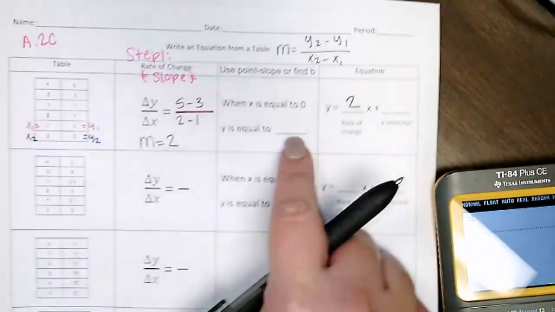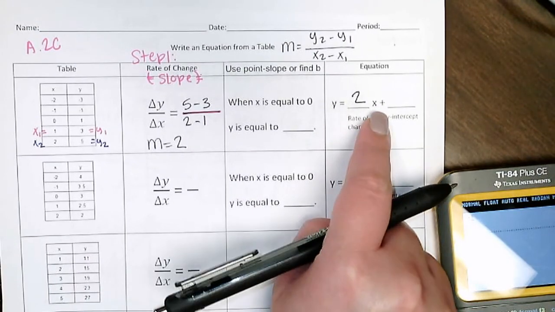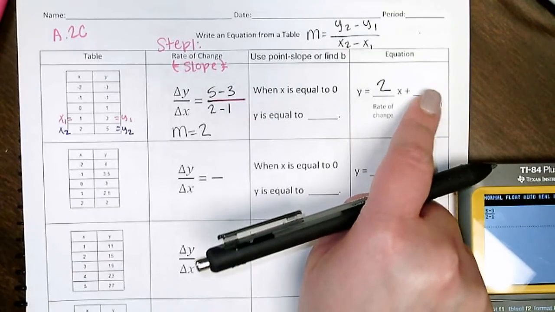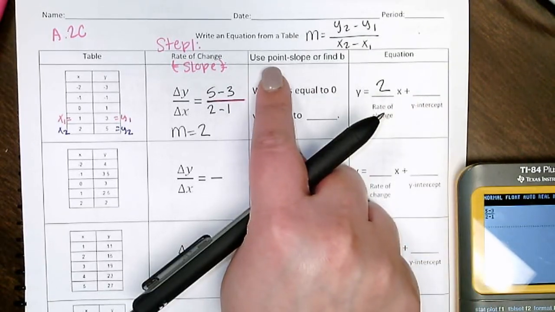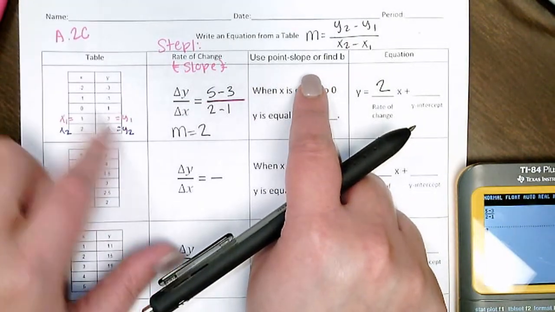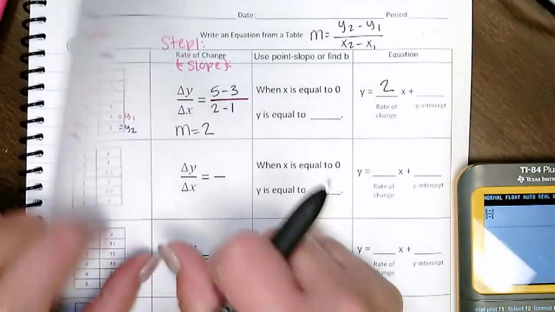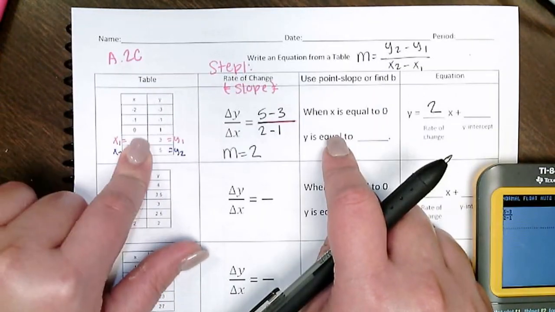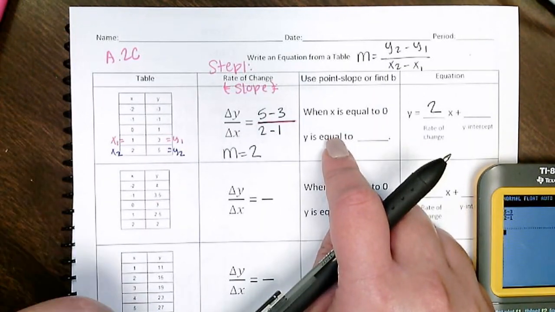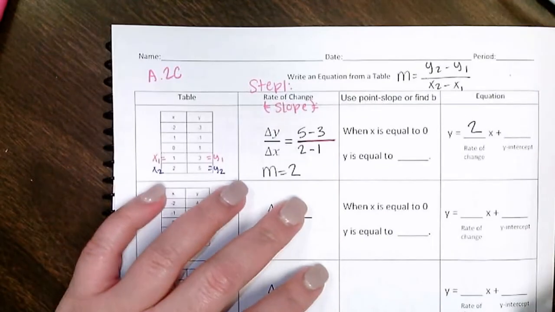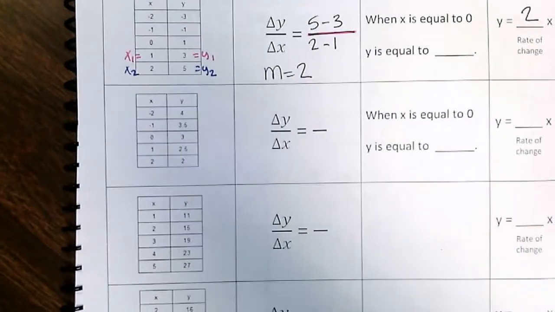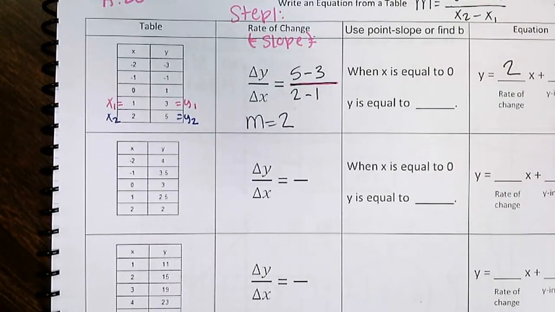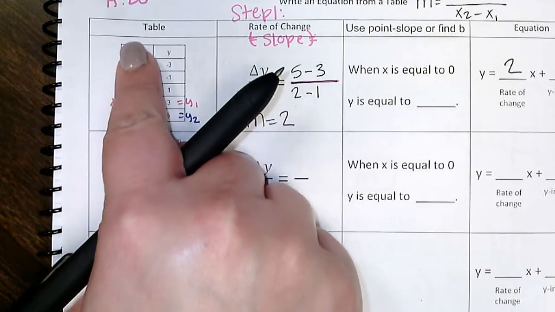So my equation is going to start off with y equals 2x plus something. To find that something, we need to see if we have our y-intercept in the table, or if we have to use point slope. In this case, for this table right here, we have our y-intercept. And I'll show you where. To find the y-intercept on the table, you want to look for the 0 on the x's.